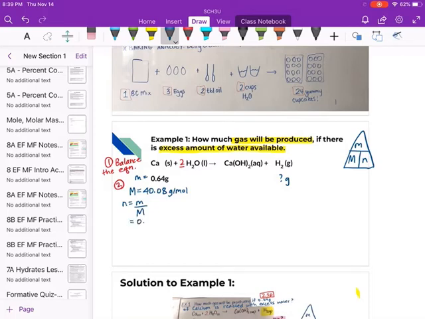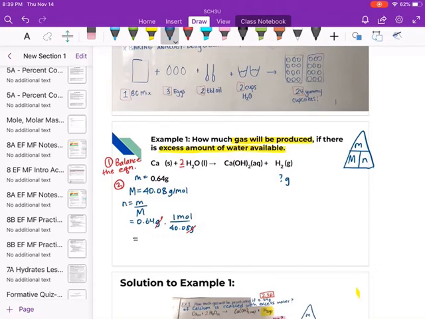So I start off with 0.64 grams. I need to get rid of the grams and get the amount of moles. So I'm going to put the 40.08 grams on the bottom and 1 mole on the top. The grams will cancel out, because anything on the top and the bottom will cancel out if their units are the same.